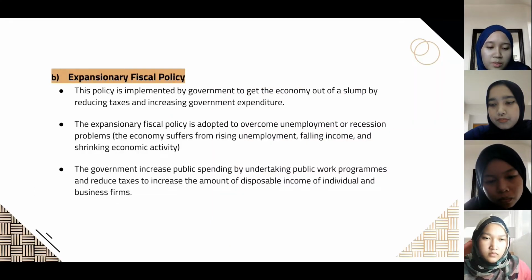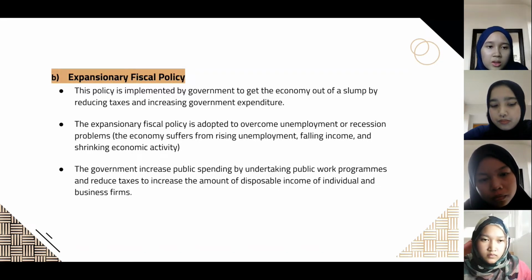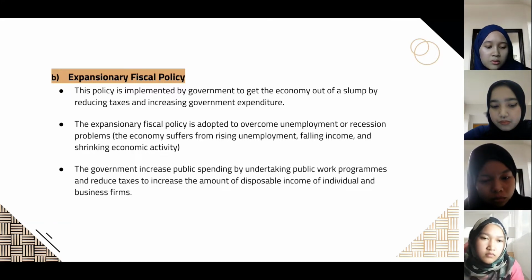Next, we move to expansionary fiscal policy. This policy is implemented by the government to get the economy out of a slump by reducing taxes and increasing government expenditures. This measure will increase the disposable income, which will in turn lead to an increase in consumption.